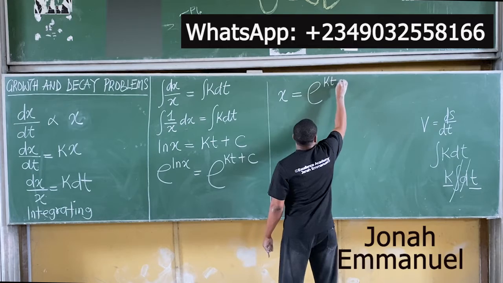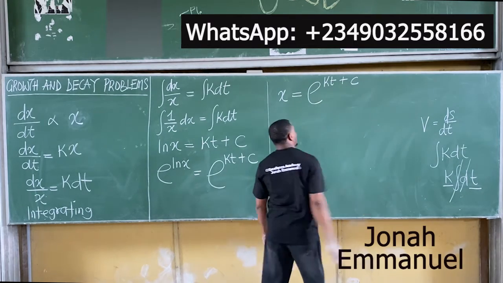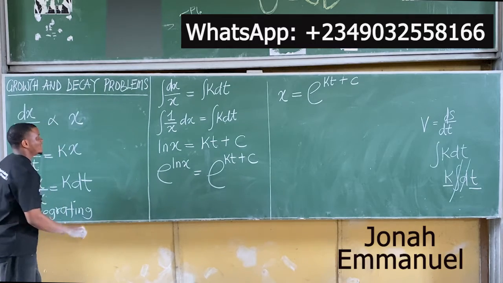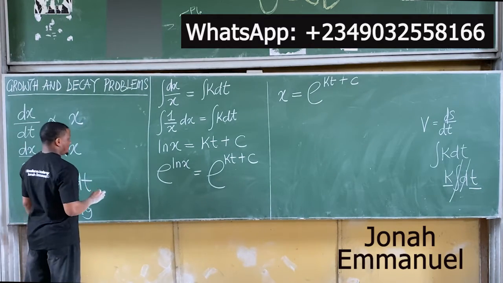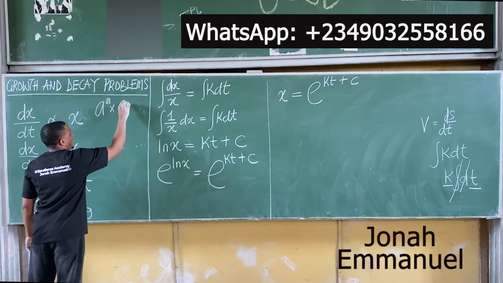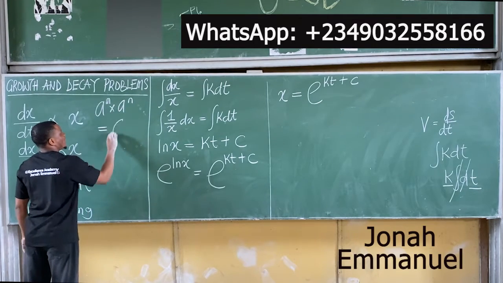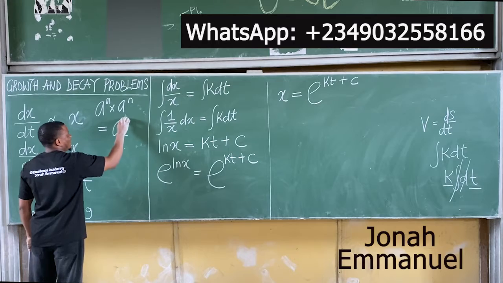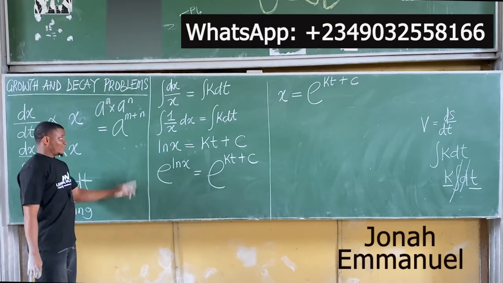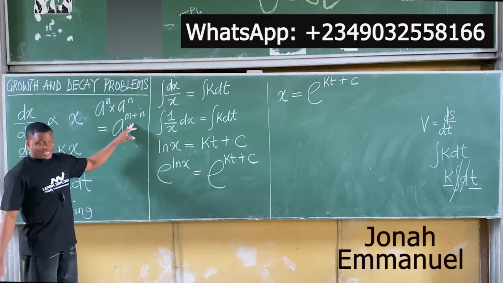Exponential kt plus c. There is something we know about the addition of powers. We say a to power m multiplying a to power n is equal to a to power m plus n. Please, it's m plus n, not mt, as most of you see mt in here. It's m plus n, please, right?